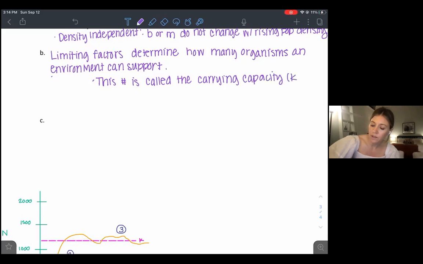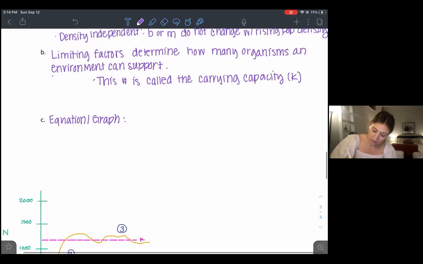And when we do that, we are going to symbolize it with the letter K. Okay, so now instead of using that original equation that we had used before, C is going to be our equation slash our graph.